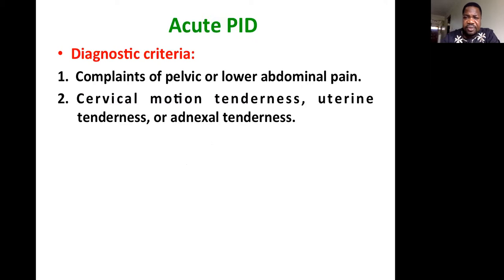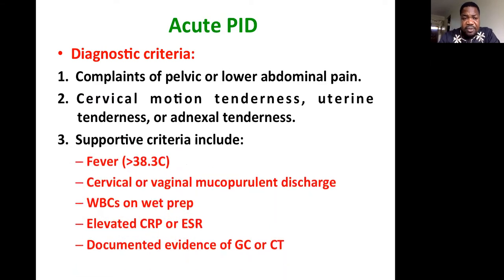So let's look at the approach to acute pelvic inflammatory disease that we call PID. Okay, so the diagnostic criteria for PID, the first one is complaints of pelvic or lower abdominal pain, and we saw that this patient complained of lower abdominal pain, and cervical motion tenderness or uterine tenderness or adnexal tenderness during the physical exam.